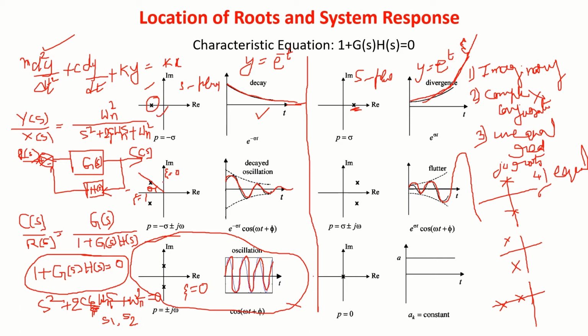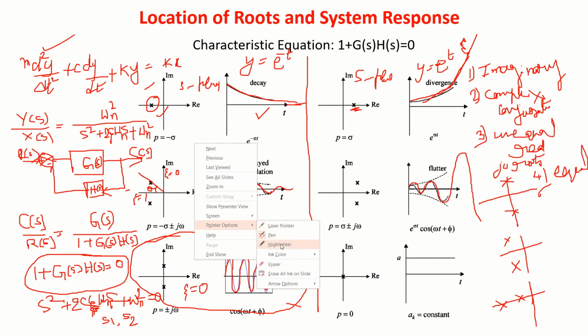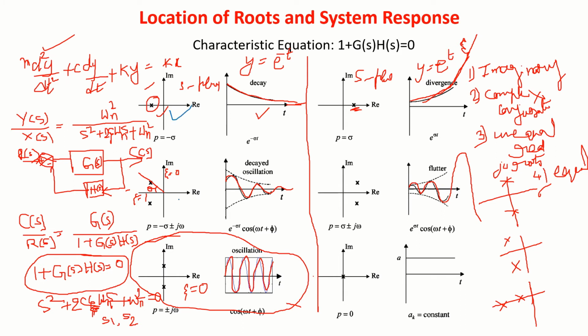In this case as well as in this case, roots are lying on the left hand side of the S plane, correct? And the response is gradually dying down. So the transient response, particularly the time response, will die down like this.